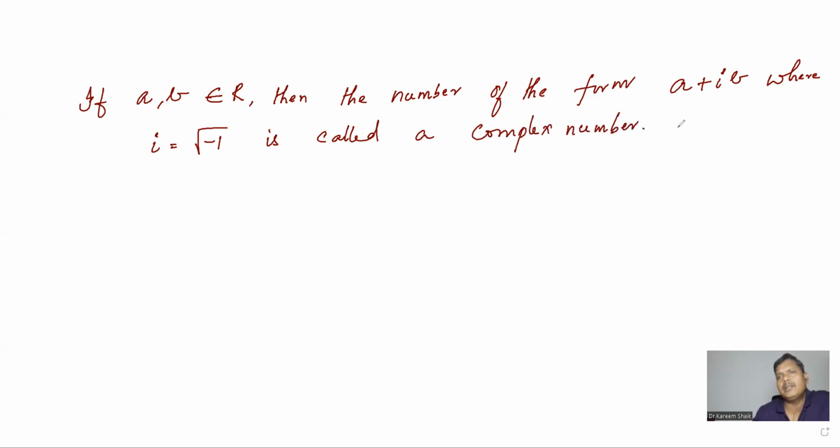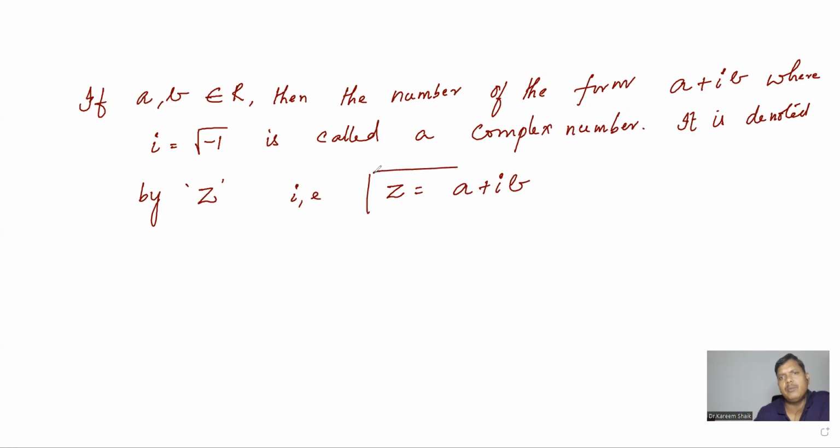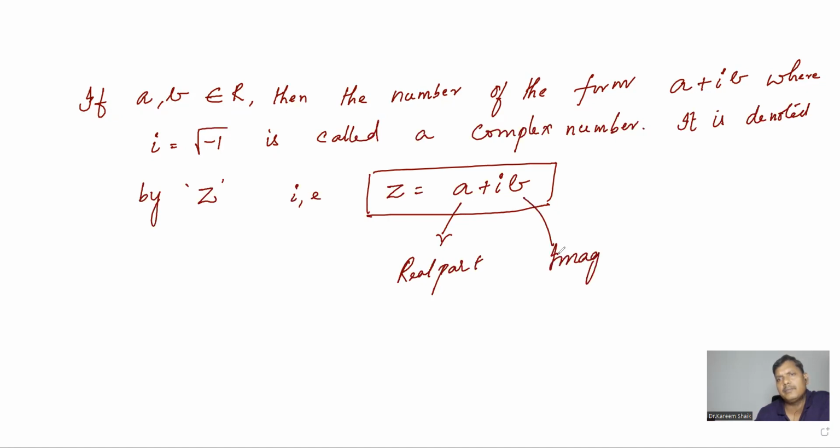A complex number is denoted or represented by z. That is, z equals a plus iota b. It is the general form of a complex number, where a is known as the real part and b is known as the imaginary part.